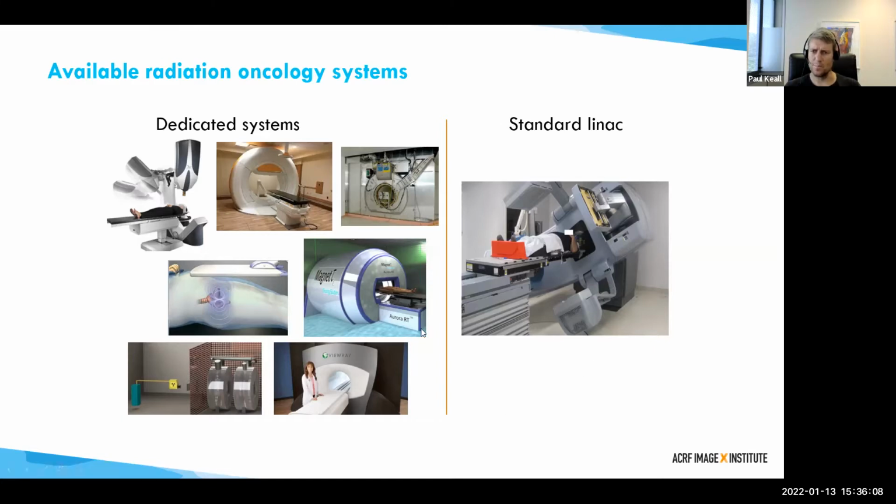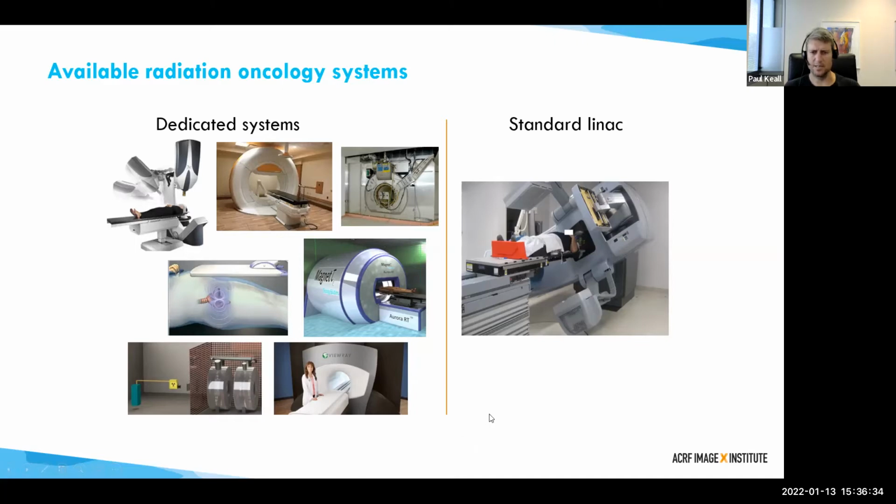What most centers have in Australia is similar to the one I've been describing, where we have an X-ray imaging system, a megavoltage imaging system, and a treatment beam, and a so-called gantry rotates around the patient, where it can deliver multiple beams.